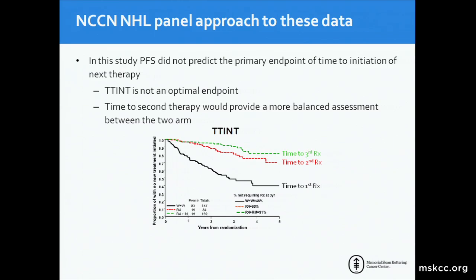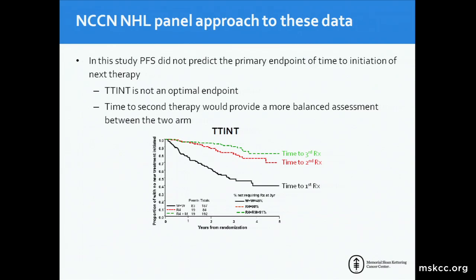In fact, we felt that time to second therapy would be more balanced, and actually Jake Sumare, one of the fellows working with the Lymphoma Service, will present data at ASH showing what an endpoint of time to second treatment is. So if you think about the data, the green curve you could almost interpret as time to third treatment. Induction, 1, maintenance, 2, time to their next chemotherapy, 3.